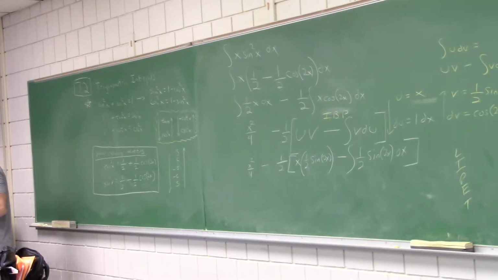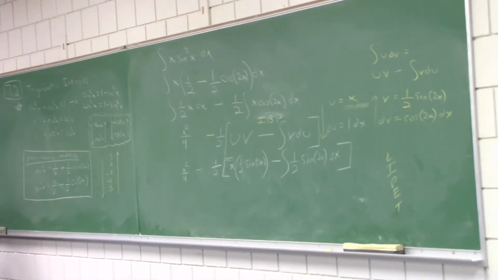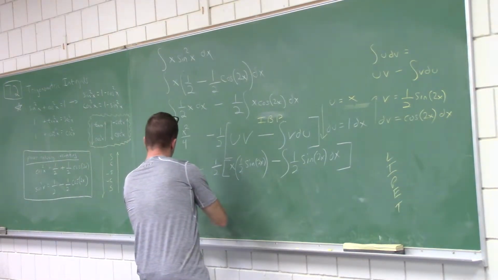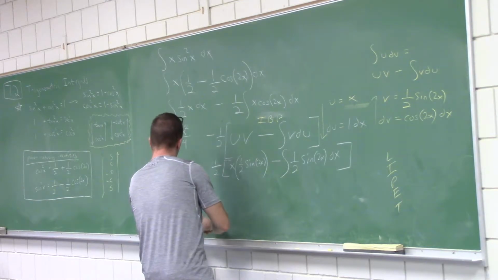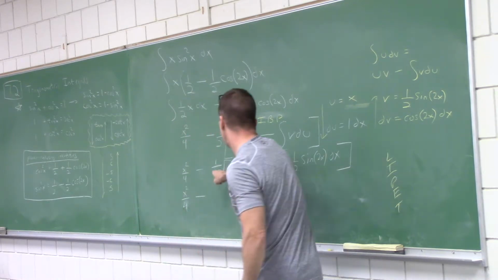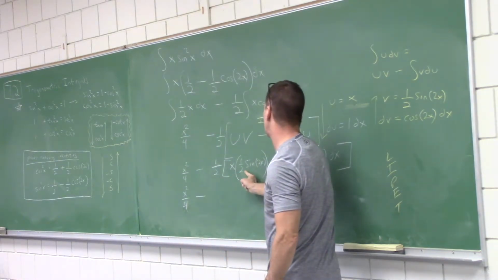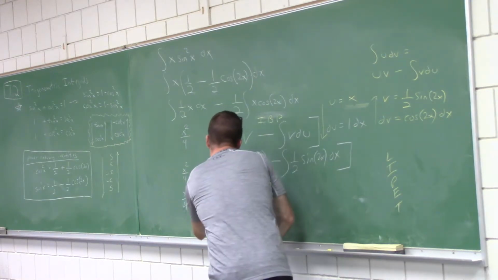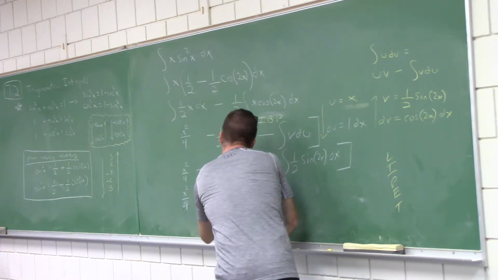And I'm sure you're finding that last step pretty easy, right? We'll distribute that half to each part. All right. x squared over 4 minus, what's a 1/2 times a 1/2? 1/4 x sine 2x.